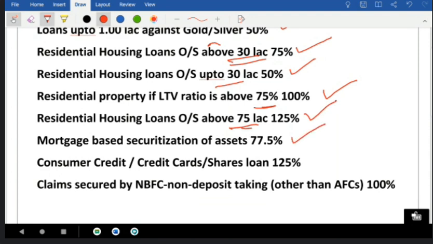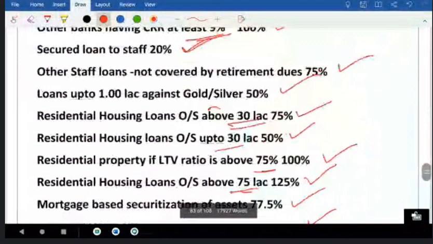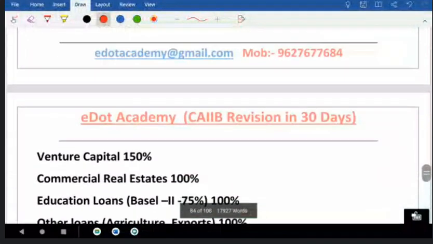Customer credit card shares loan, 125%. And claims secured by NBFC, non-banking financial company, non-deposit taking other than AFC, asset financial companies, 100%. So this is the list. You can see a few of them in the starting, and the rest are not required. If a question is given, this will be given.